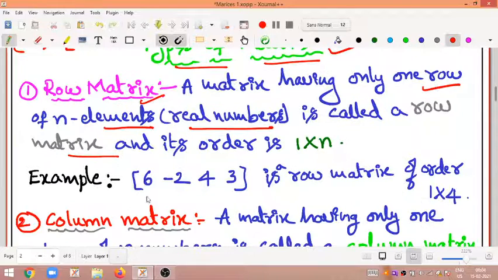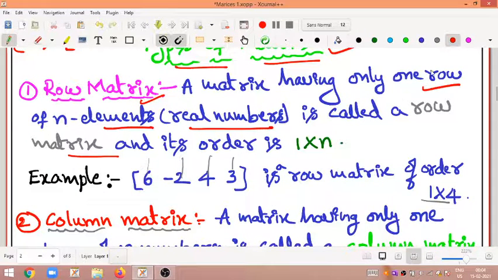See here example: 6, -2, 4, 3. Here, how many rows are there? Only one row. And how many columns are there? 1, 2, 3, 4. So that's why its order is 1 by 4 of row matrix.